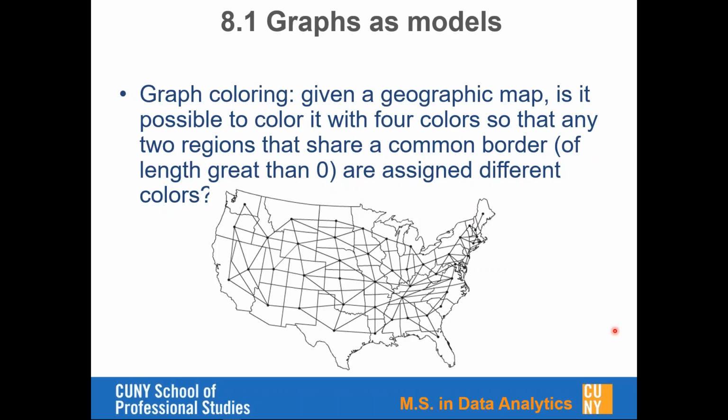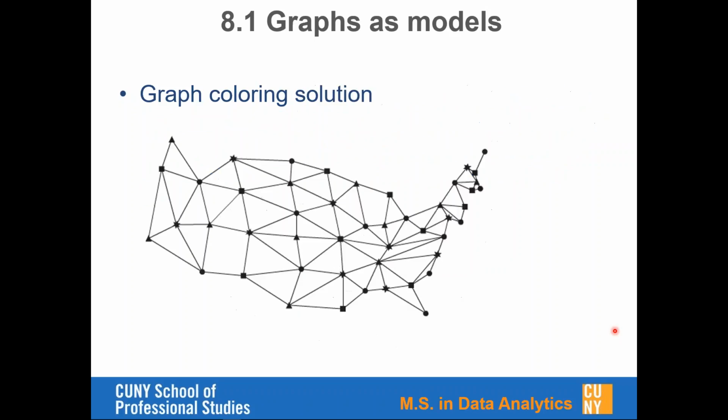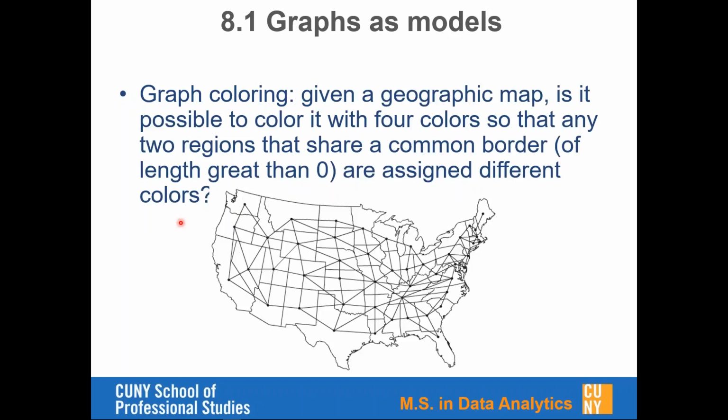And then it turned out that this is one of the solutions for the graph coloring problem. If you use triangle, rectangle, circle, and star to represent 4 different colors, you can see that this will be a solution that satisfies that need, which says any 2 regions that share a common border are assigned different color.